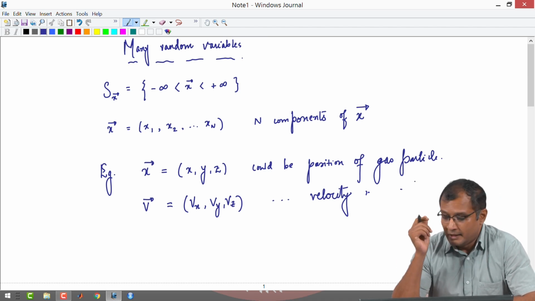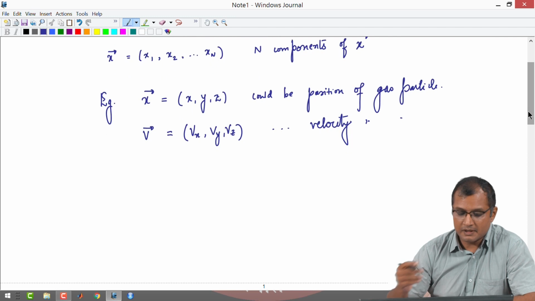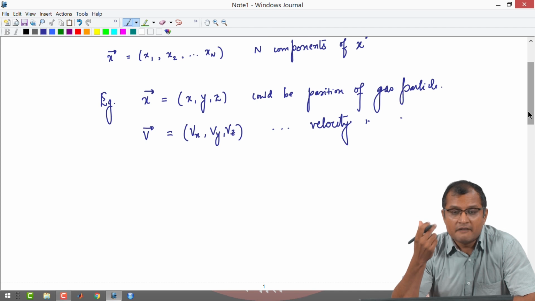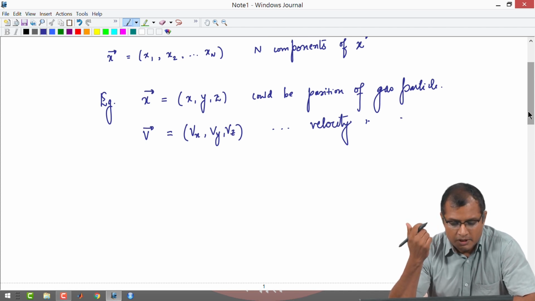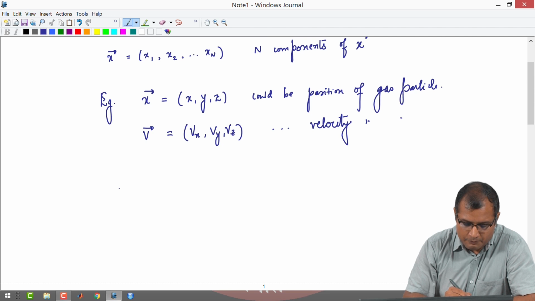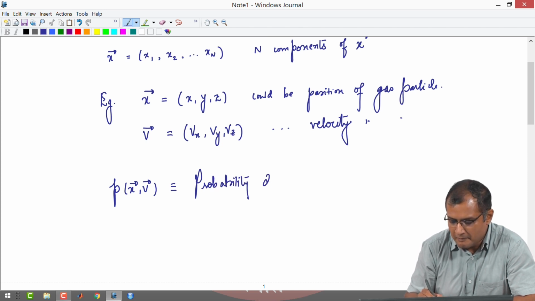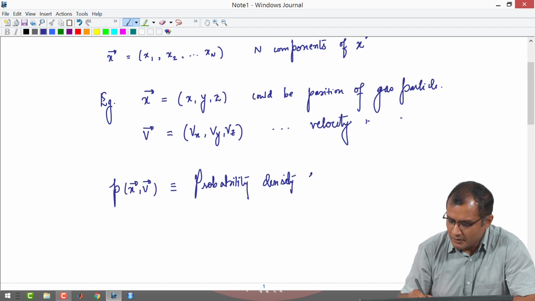And hence suppose I am interested in finding the average momenta or average position of a particle in this room, I would be using a probability density P of x comma v. So this would be basically giving me a probability density for x and v of a gas particle.